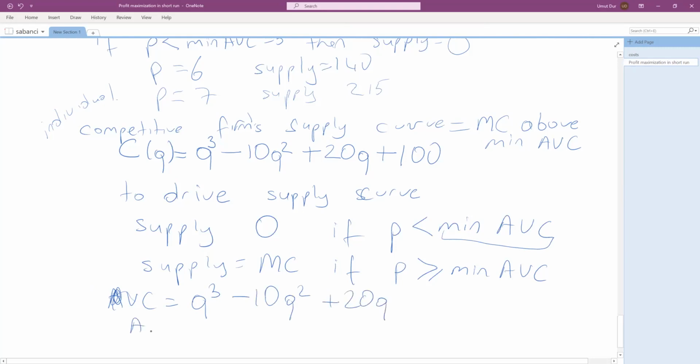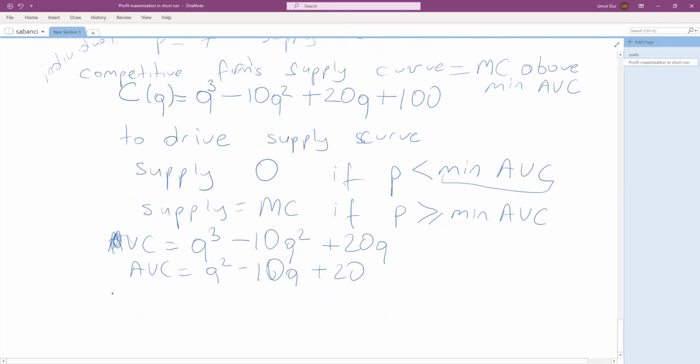Then the average variable cost is q squared minus 10q plus 20. Then for the minimum of average variable cost, I need to take the derivative of this average variable cost with respect to quantity. It is 2q minus 10 is equal to 0.